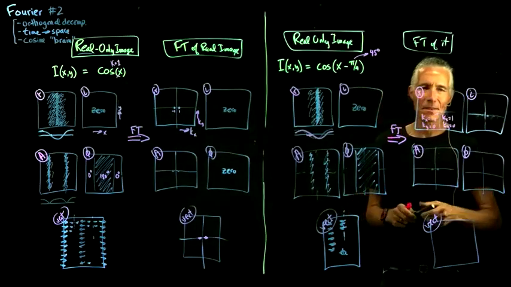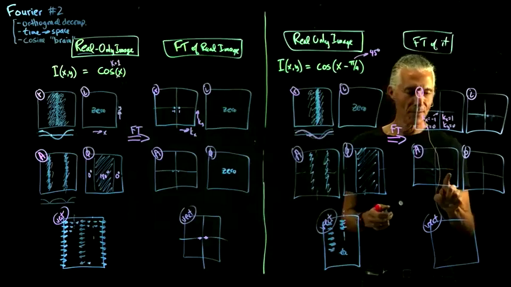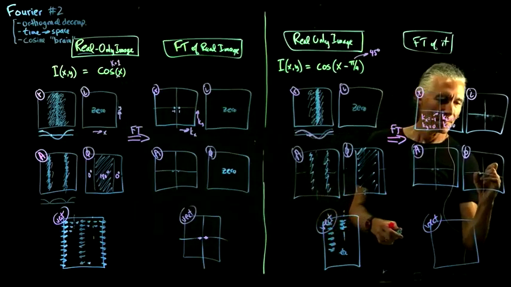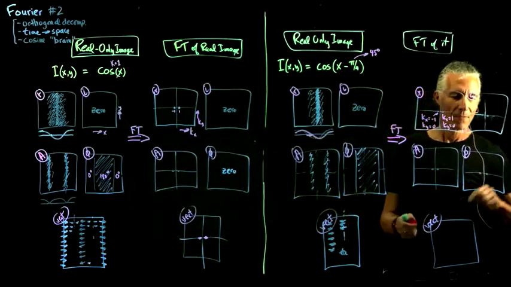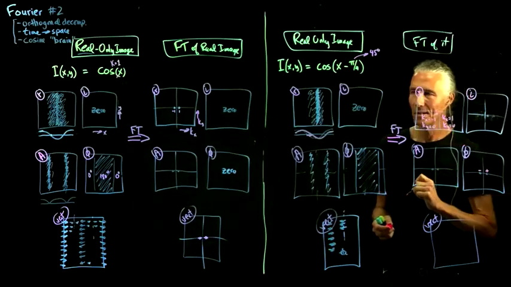And that's a little harder to think about than just thinking about the amplitude and phase part. What's going to happen now is we're going to have a positive phase here and a negative phase there.